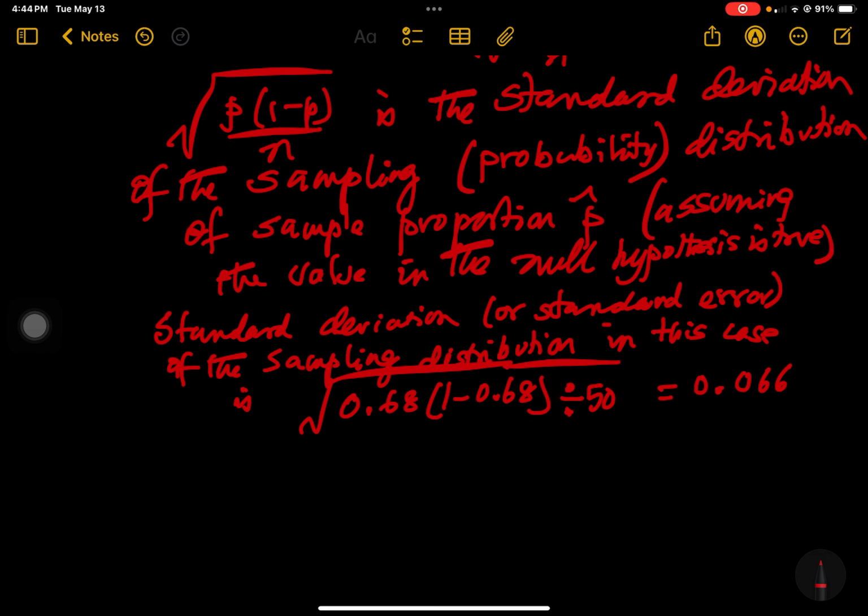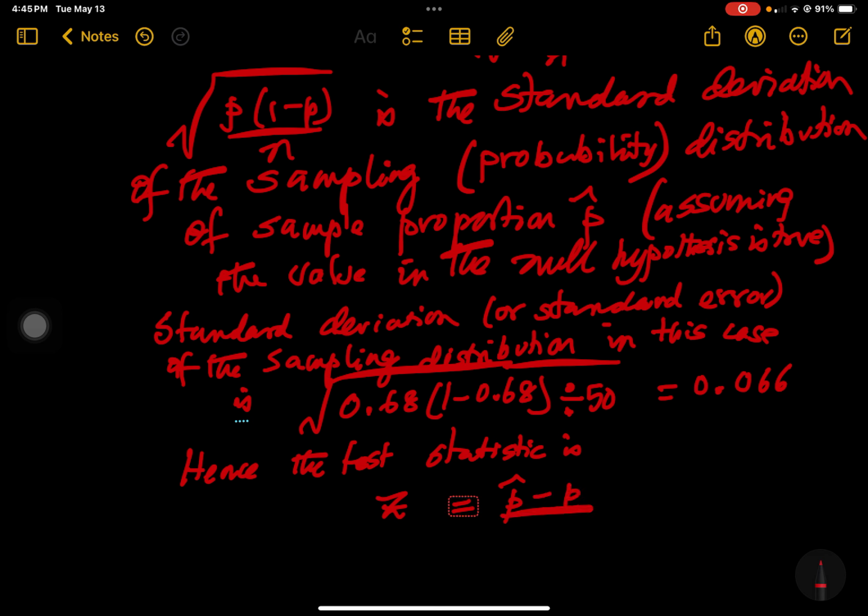Hence the test statistic Z is equal to P hat minus value in the null hypothesis divided by 0.066, which is 0.7 minus 0.68 divided by 0.066.